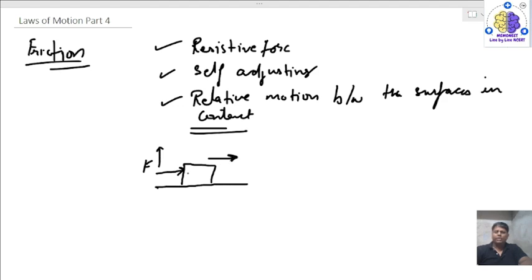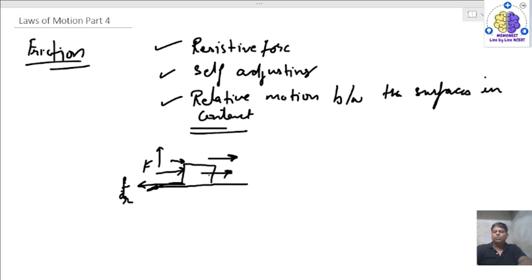So why was the block initially not moving? Because when I was pushing the block with the force F in the forward direction, there was a force acting in the backward, reverse direction. This force is known as the frictional force, because it is opposing the motion of the block in the forward direction.